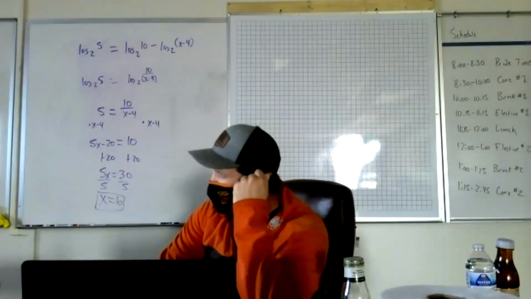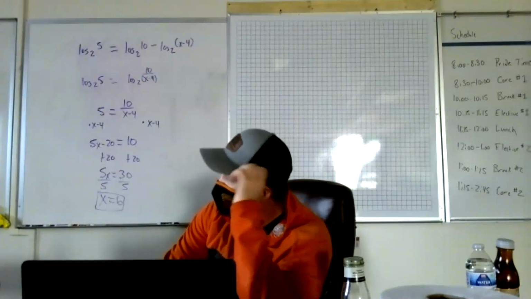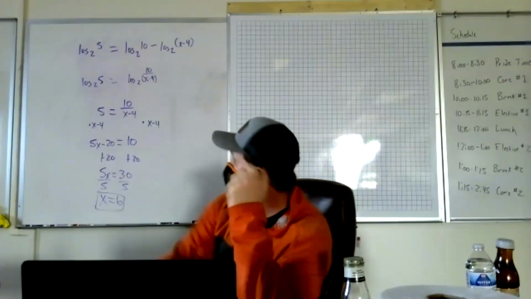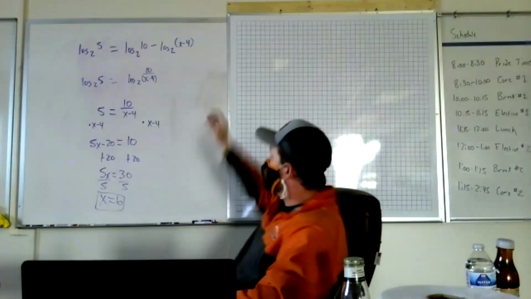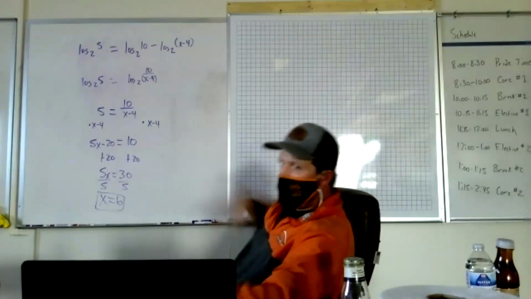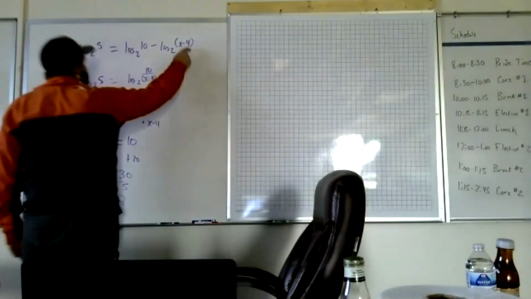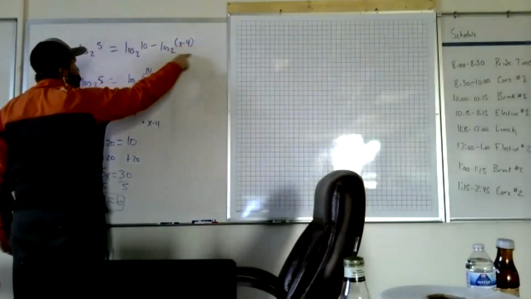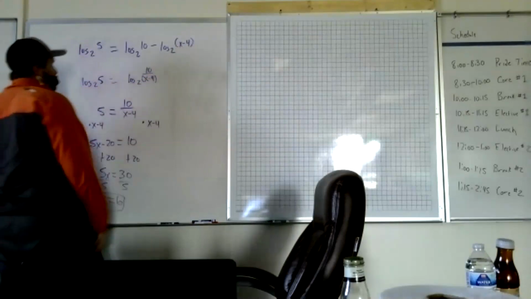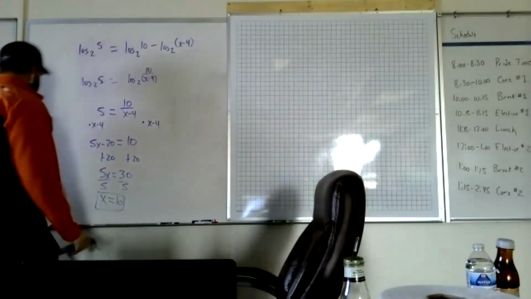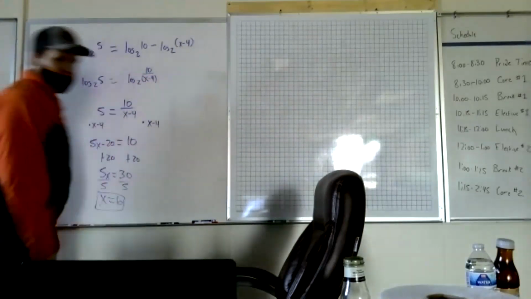Okay, and then we always want to check this. What I mean by check it is, if x is equal to 6, I'm going to plug that in. Now, why would I do that? Because remember, I cannot have a negative as the argument of a logarithm. I'm not talking about the answer on the outside.